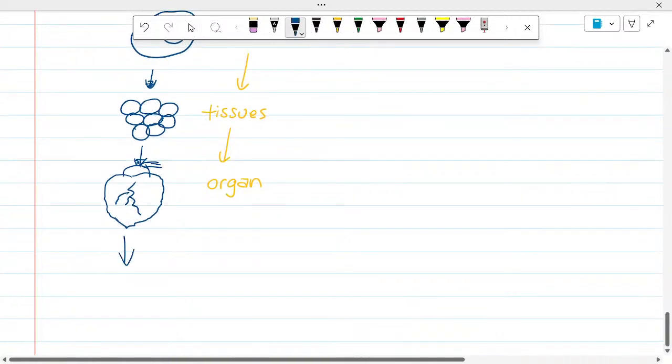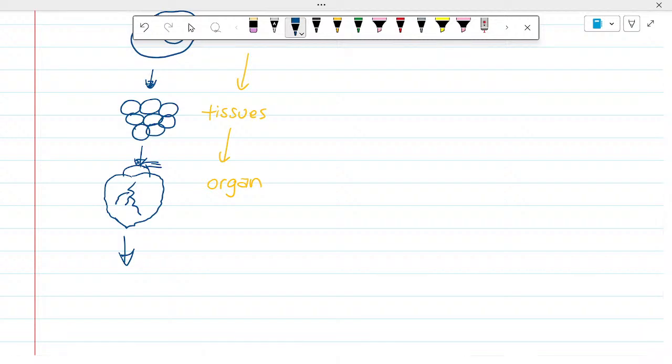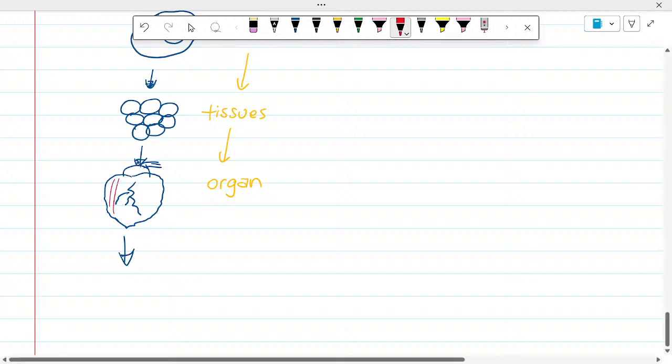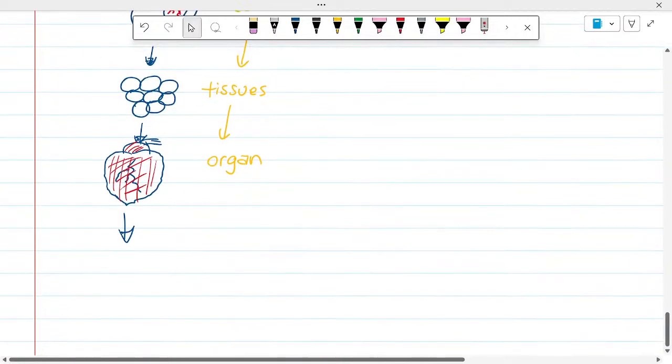Now, what if we put a bunch of different organs together so that they're all working together? So what if we had the heart? This is a heart, if you couldn't tell. Look at it, it's red, so you can tell it's a heart. I used to have a pencil tool, and I could draw a pencil. Now I don't. Okay. And then around the heart, we had the lungs.